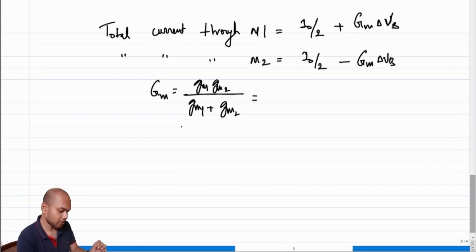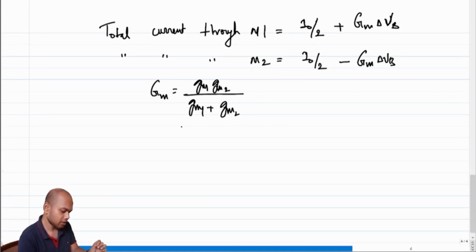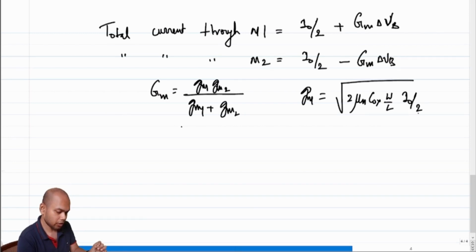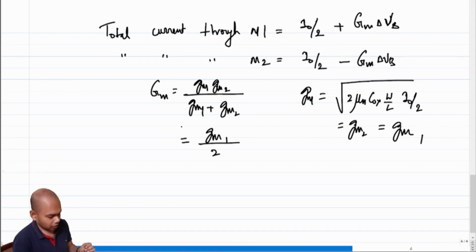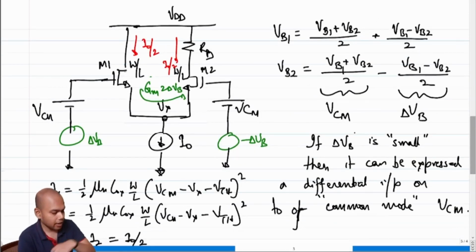So what is GM1? GM1 is square root of 2 mu n C ox W over L I naught by 2, which is exactly equal to GM2, and let's call this GM. So effectively this GM becomes GM by 2, right? Okay, so it seems like the incremental current, right?